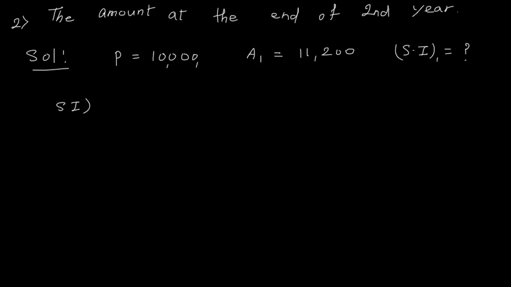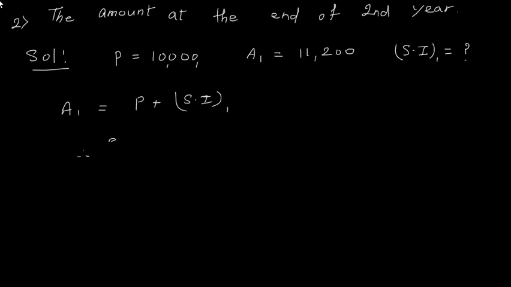So this is simple interest for first year, SI1 I will say. But before we apply this formula, we can say that this amount A1 is equal to P plus simple interest for 1 year.